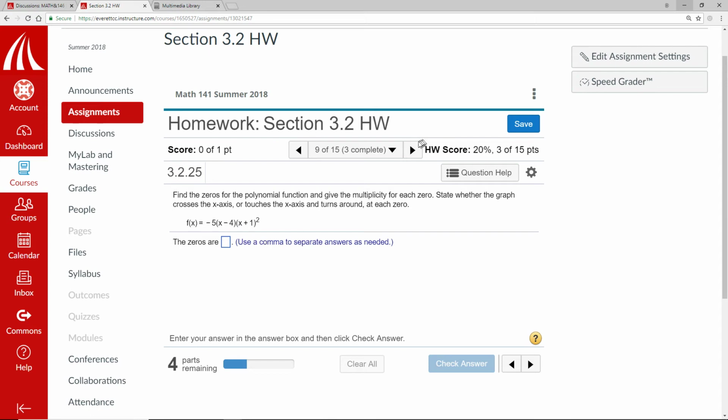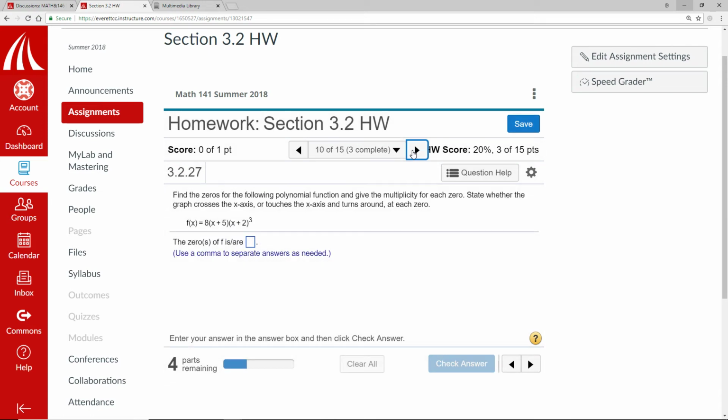What are the zeros? The zeros of f are this. Well, the zeros are going to be -5 and -2. Find the zeros of the polynomial function and give the multiplicity for each zero. State whether the graph crosses the x-axis or touches the x-axis and turns around at each zero.